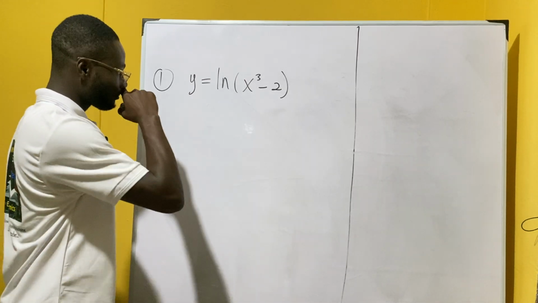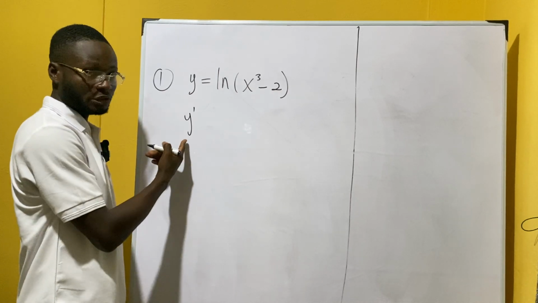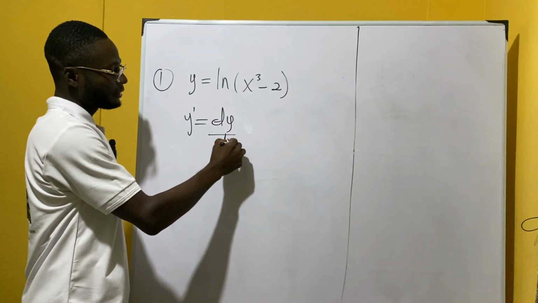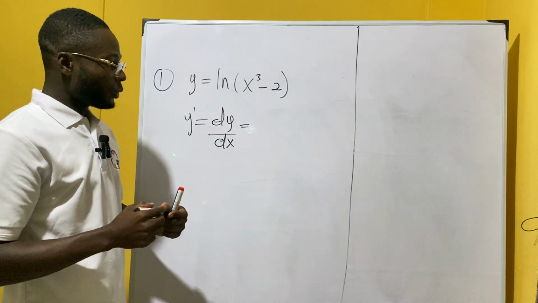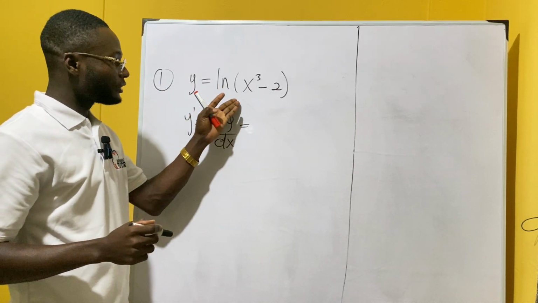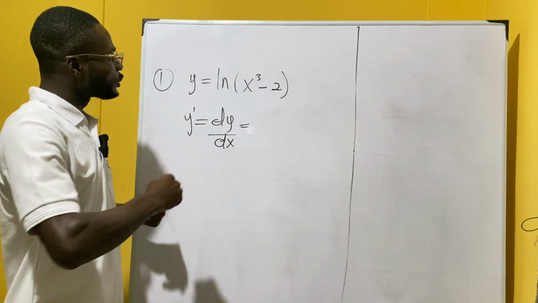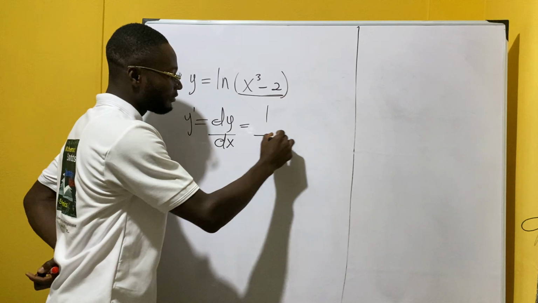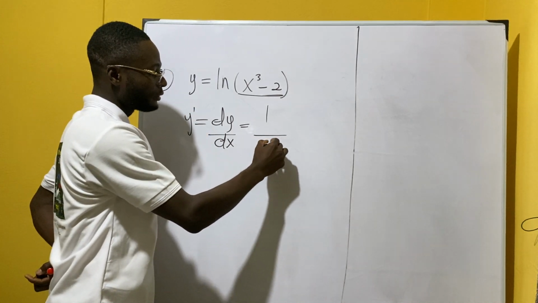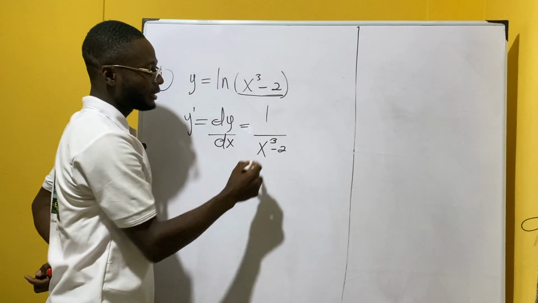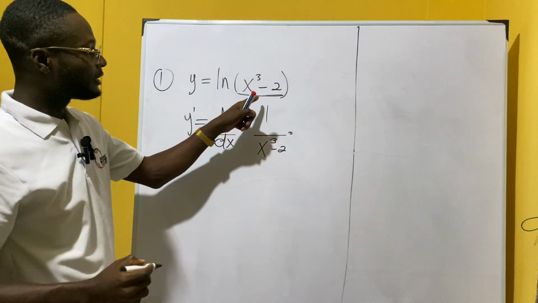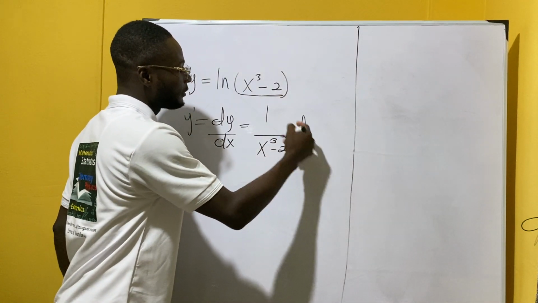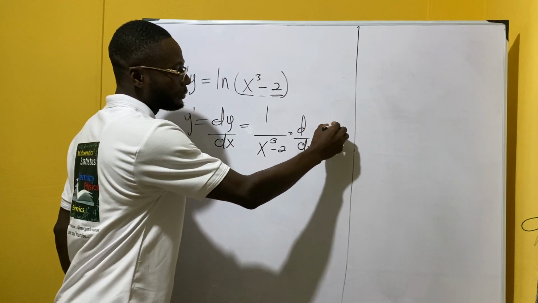So here, we know that the first derivative, dy over dx, will be equal to, the idea is that if you have a natural logarithm, you take 1 over the inner function, so we have 1 over s cubed minus 2, and then we differentiate the inner function again.